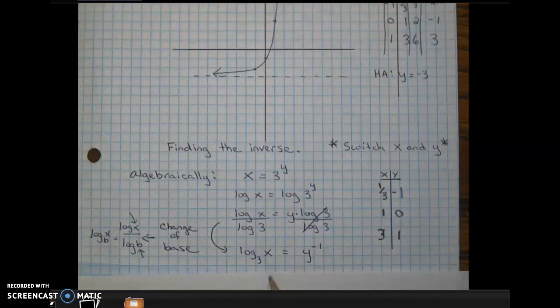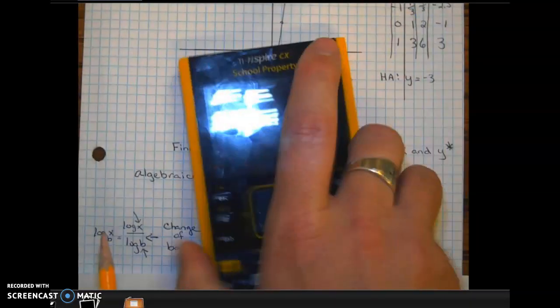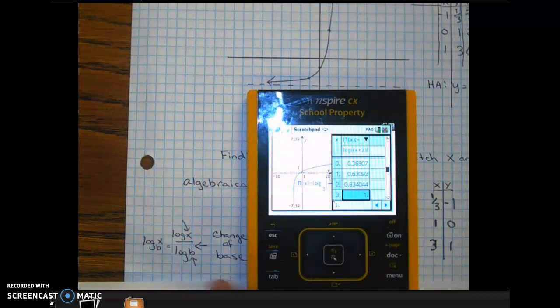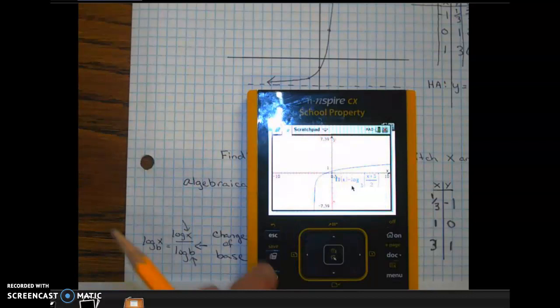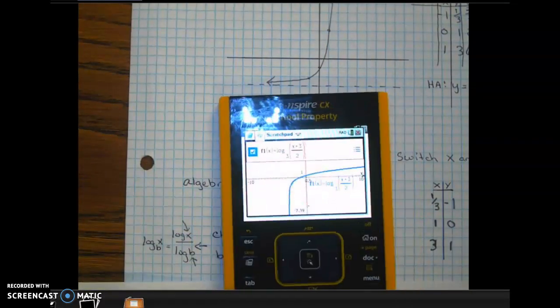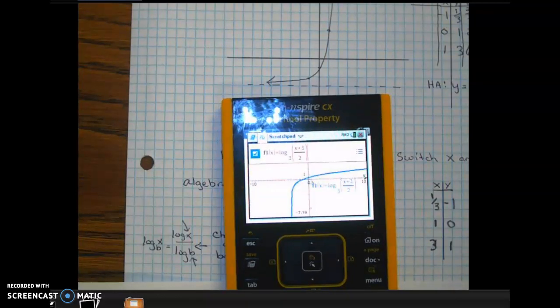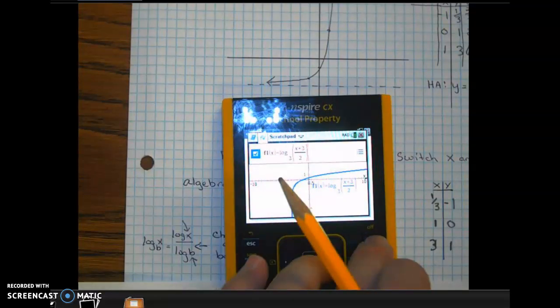So let's look at that in our calculators so that we can see this. Turning my calculator on, going to the graph screen. The first thing I did here, well, this is the transformed graph, okay? This is actually the inverse for our transformed graph. So let me go ahead and start a new document.